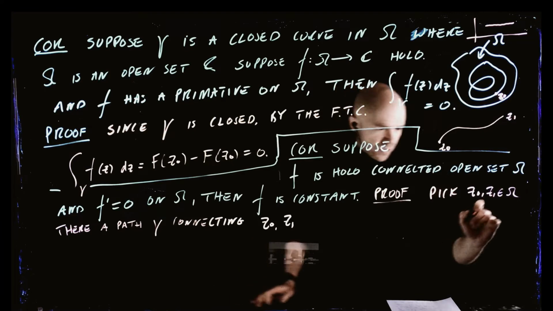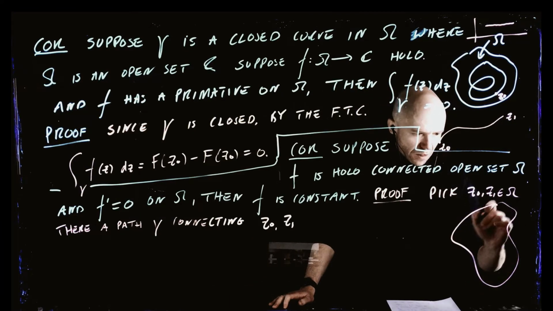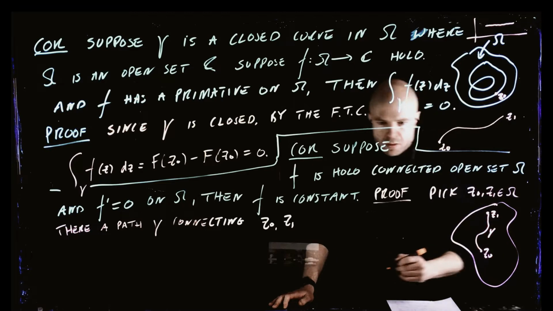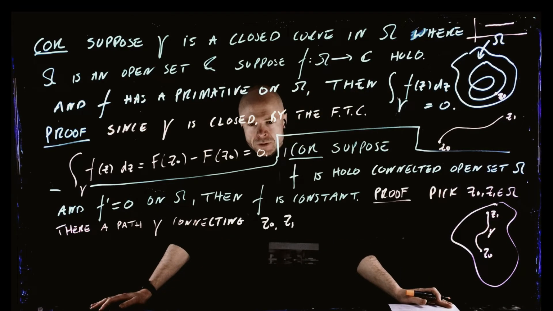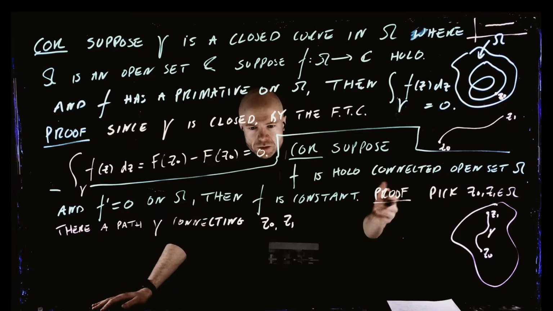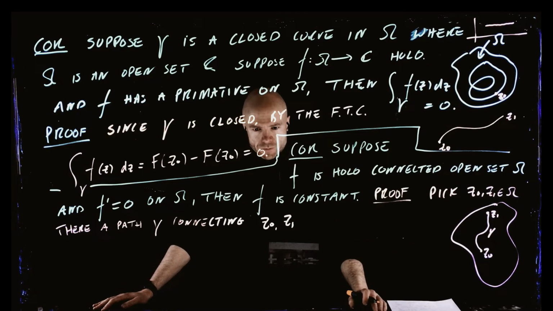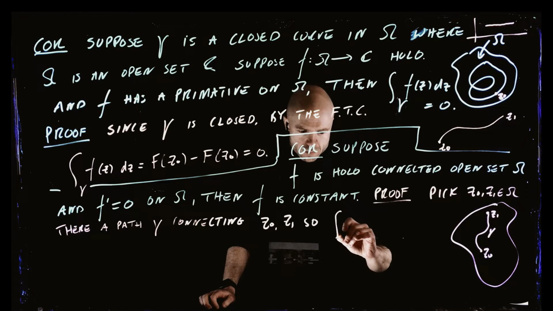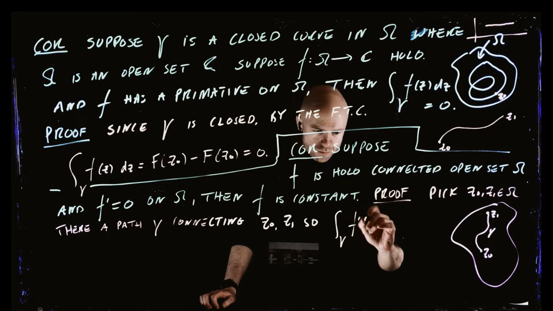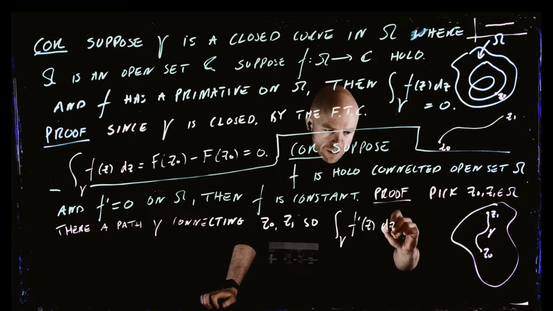So let's draw a picture. So we have our omega. We've picked a couple of points, z0, z1. Sure enough, there's a path that connects them. This path is gamma. Keep going. Obviously, it's going to use the fundamental theorem of calculus in the complex plane. Perfect.